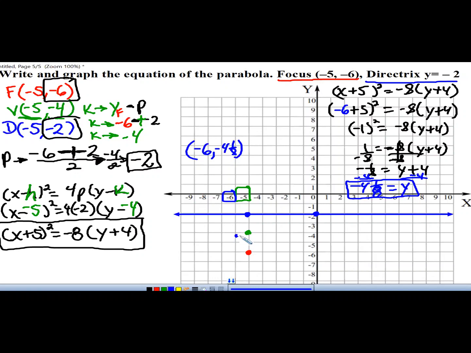Now look up to the screen. What do we know about parabolas? That this point is going to reflect to the other side, is that correct? Yes, Mr. Q. So who can give me the coordinate of the point that's going to reflect to the other side? Who's got it? One at a time, slow down.